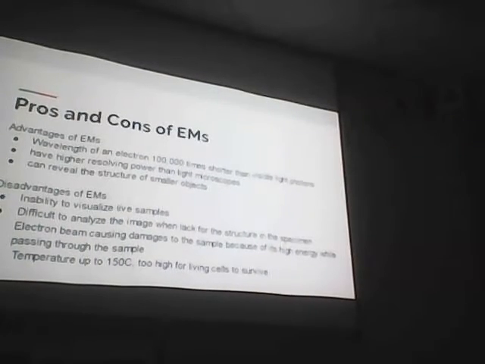Does it have anything to do with the diffraction you expect as a result of the electrons passing through the object? Yes, diffraction is due to the structure of the object. You can damage the sample because the electron beam has heat energy, so it can change the structure of your specimen.